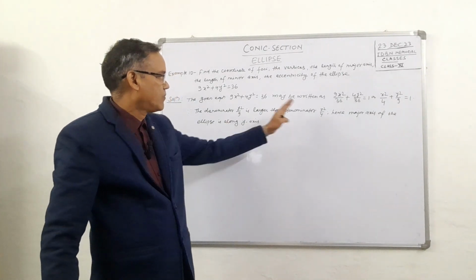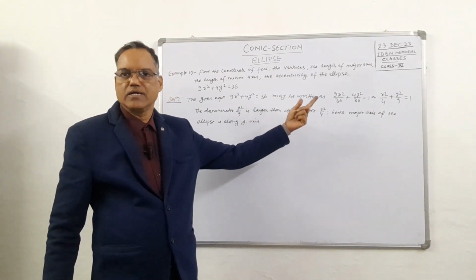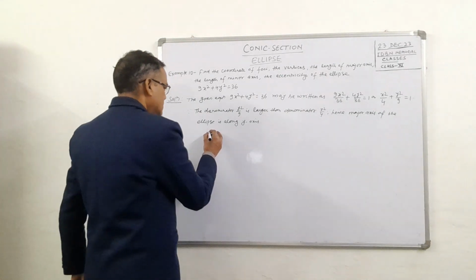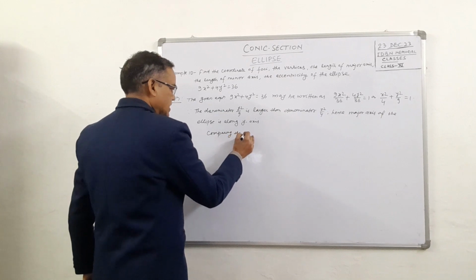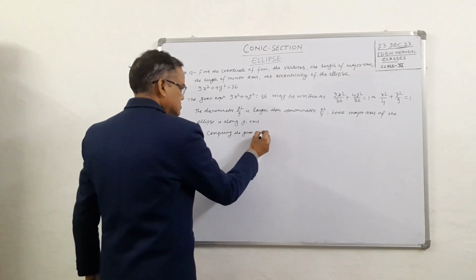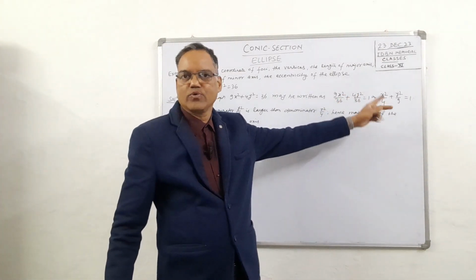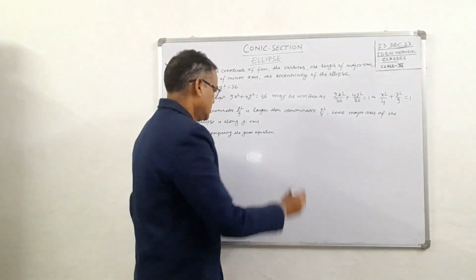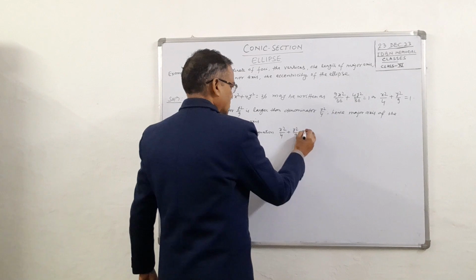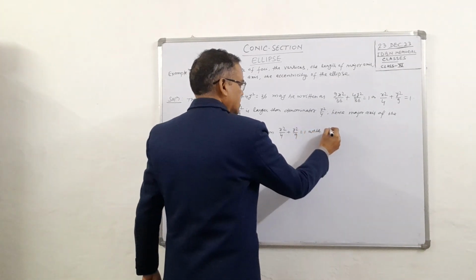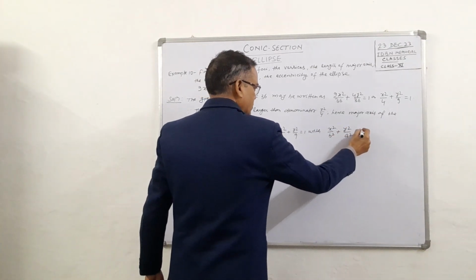सो विल कंपेयर दिस इक्वेशन विद x स्क्वायर बाय b स्क्वायर प्लस y स्क्वायर बाय a स्क्वायर इक्वल टू 1. नाउ कंपेयरिंग द गिवन इक्वेशन, that is x square by 4 plus y square by 9 equal to 1, with x square by b square plus y square by a square equal to 1.